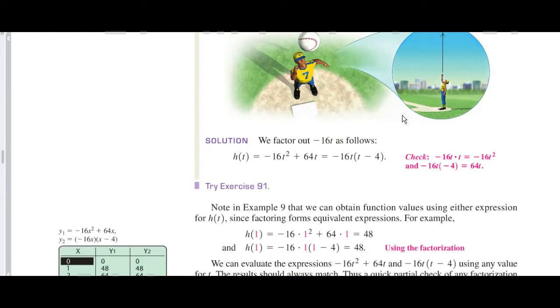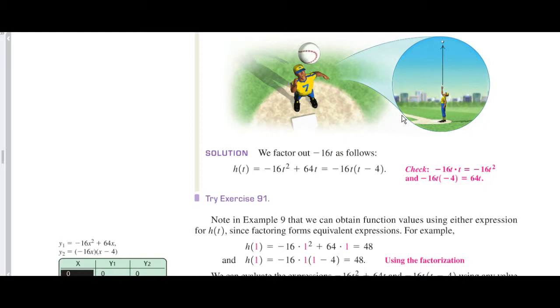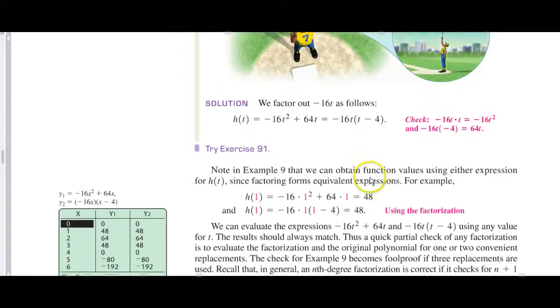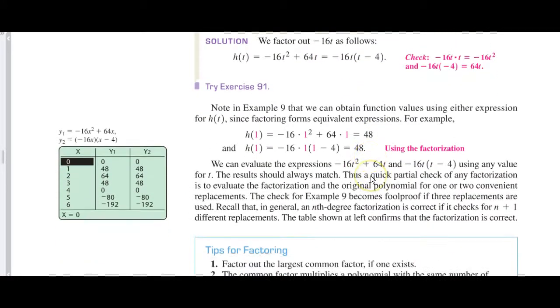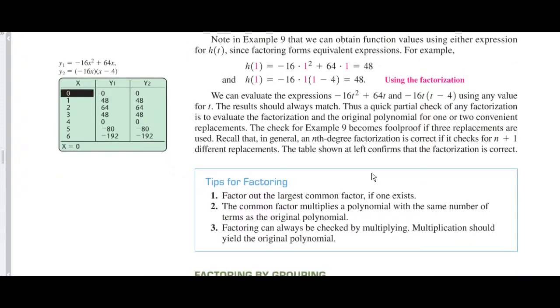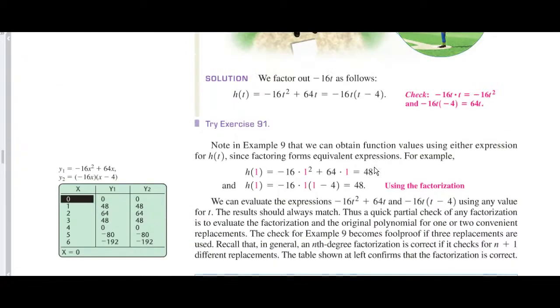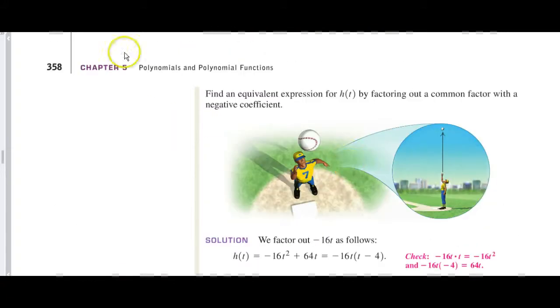Now, we are asked to factor out a negative 16t as follows, which we do, and we get that. Okay. I'm going to go back to see if I left something out of my question.